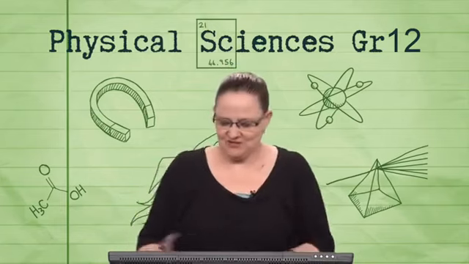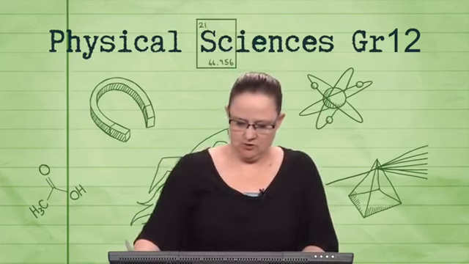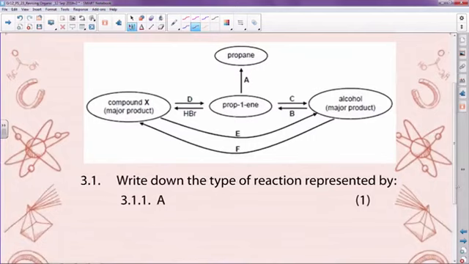All right, grade 12. Let's see how we did. 1A we said was addition. If you wrote hydrogenation, I'd be happy with that, but they didn't want to know what type of addition. Keep it nice and simple.